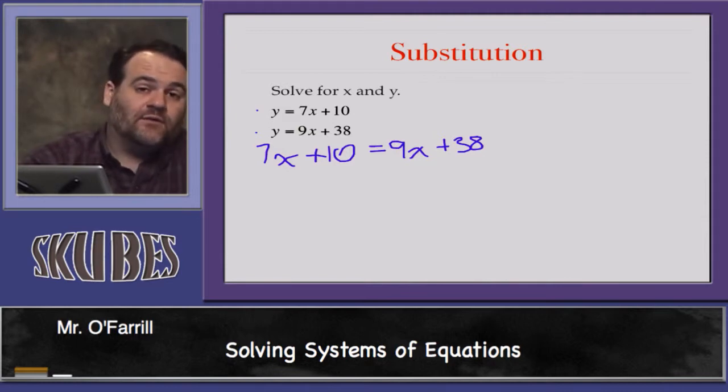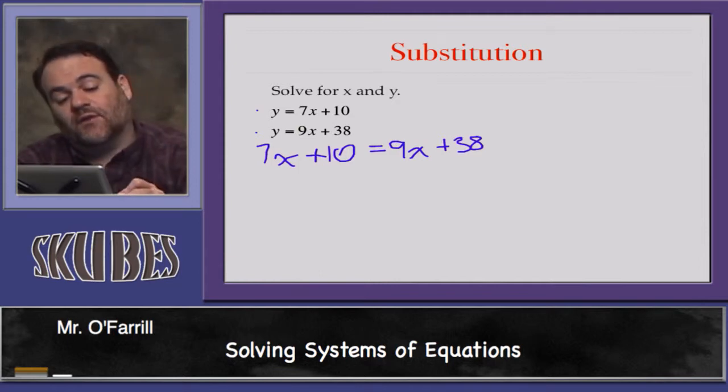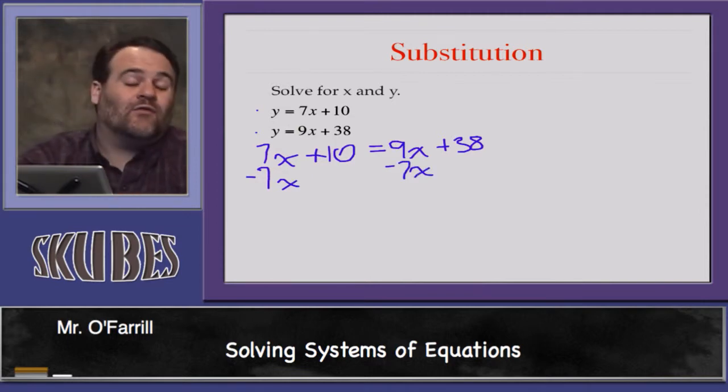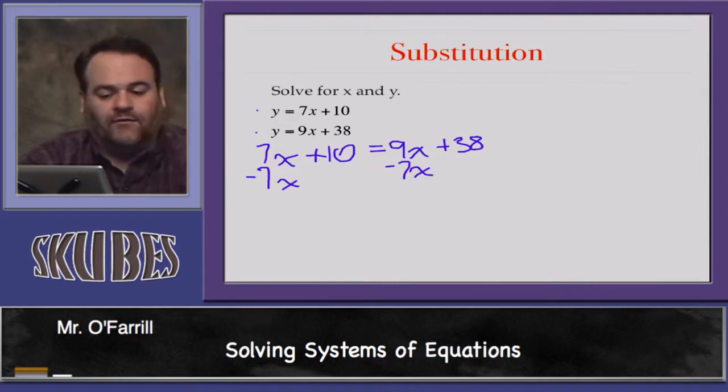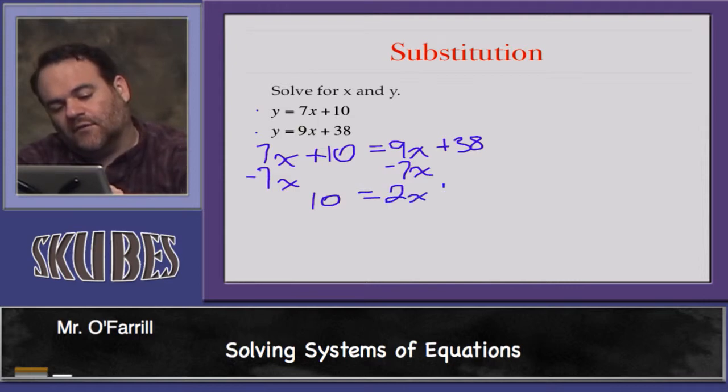So the first thing we need to do now is decide what side we're going to put the variable on. You can put it onto the left or you can put it onto the right. I'm going to choose to put it onto the right, simply because by subtracting 7x from 9x, I'm keeping the coefficient of x positive, and that's just a preference that I happen to have. So 10 equals 2x plus 38.